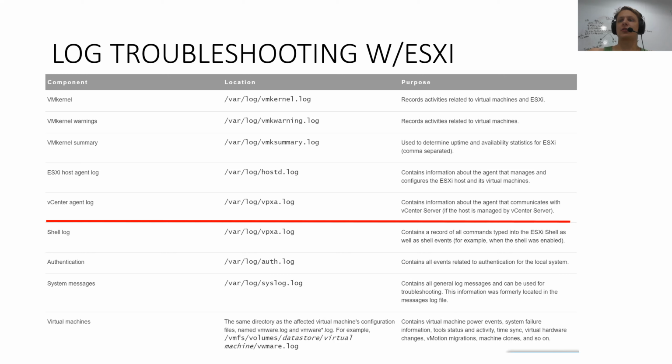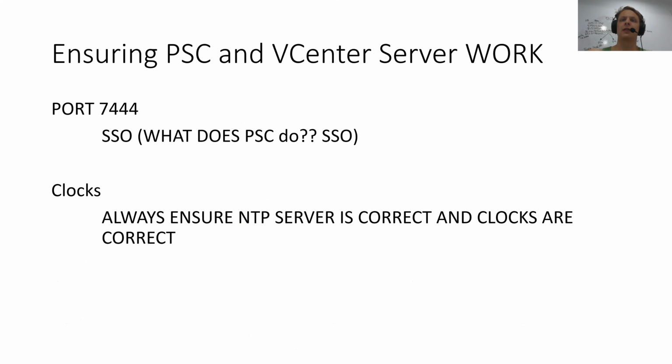That shows you some of the communication with the ESXi client. And then make sure that the PSC and vCenter server work. Make sure the port is turned on, and that the clocks with the NTP server are correct.